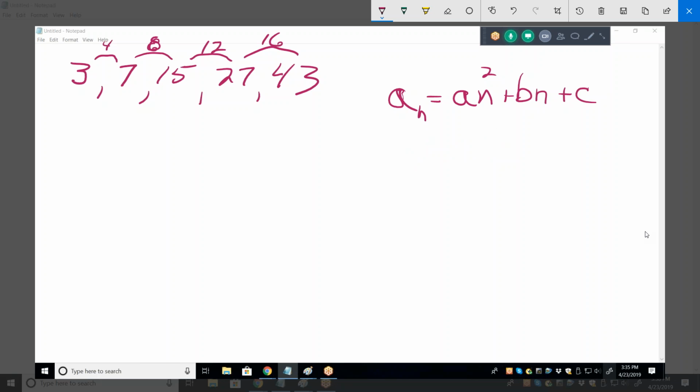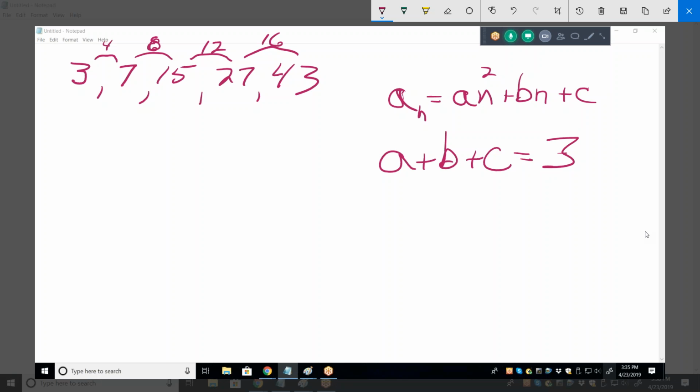If we plug in n equals 1, I think with this one we're just going to start with 1. We start with a1. So a plus b plus c is equal to the first term, so that's equal to 3. Okay.